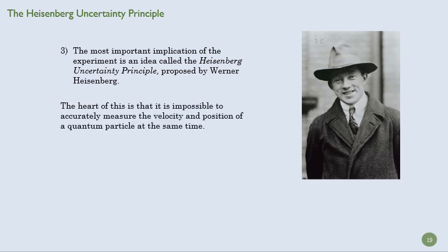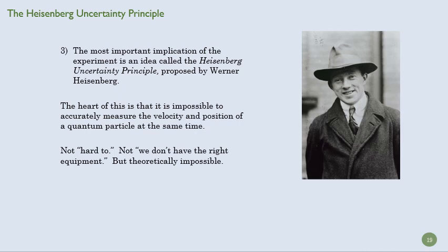The heart of it is that it's impossible to measure the velocity and position of a quantum particle at the same time. The strange thing about this is that we want to say, oh, you mean we don't have the tools for it. It's not that we don't have the tools, right? It's not hard to do. It is literally impossible. And this is the theorem, right? It is literally impossible to know where it is and how it's moving at the same time.